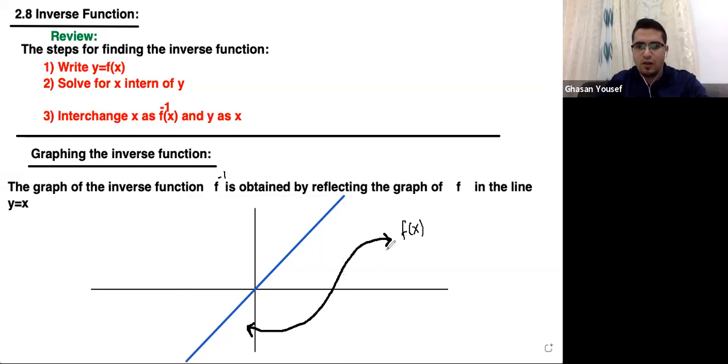So we have to reflect all points on this curve around this line, y equal x. So the reflected points should be like this. Here is the graph. This point would be like this.